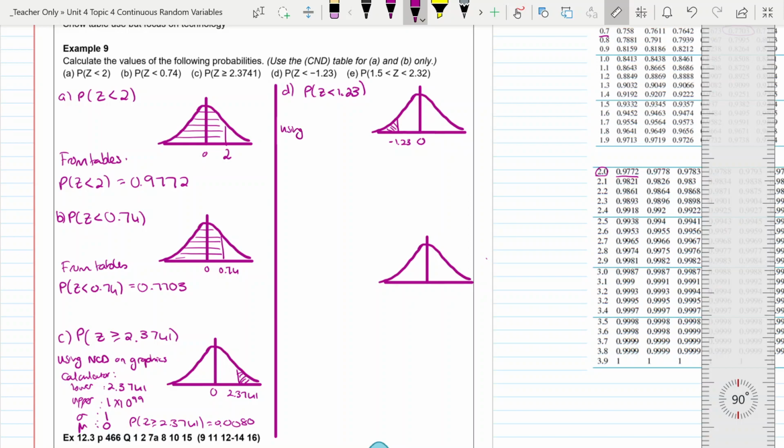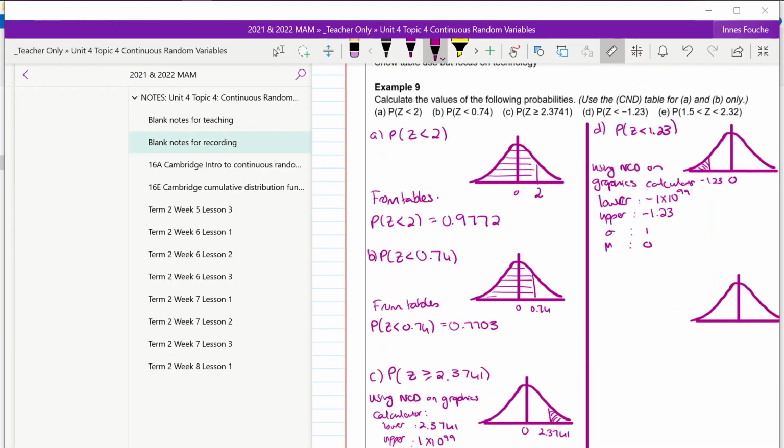So using NCD on the graphics calculator, we have our lower, our upper, our sigma and our mu. Remember standard normals, so sigma is 1, mu is 0. Our lower now is going to be negative infinity, so negative 1 times 10 to the power of 99, and our upper is negative 1.23.